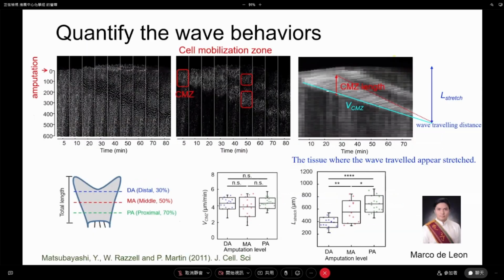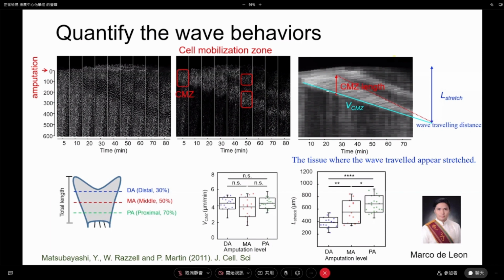To make the story short, since the migration has this wave pattern, we can quantify the wave as the wave velocity and the wave traveling distance, and we change the parameter of how much we remove.